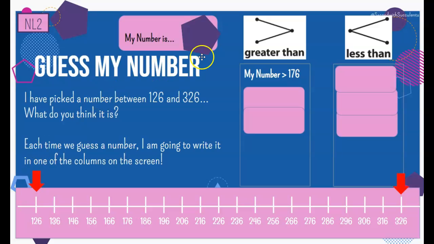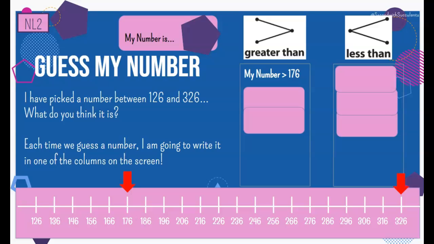Remember, I always think about this greater than symbol as a little monster that's trying to eat the bigger number. So this is telling me that my number is greater than 176. Well, I want to make this as easy for us as we can. So I'm going to move my arrow all the way up to 176. So I know that my number must be between 176 and 326.